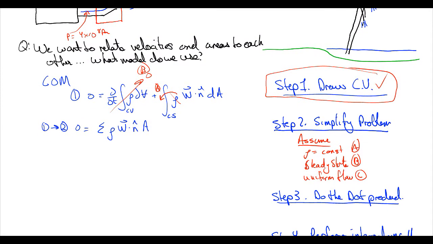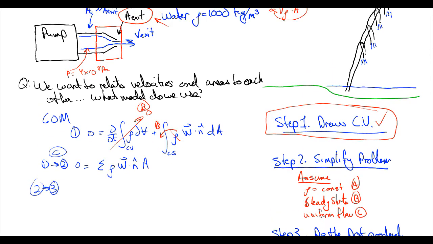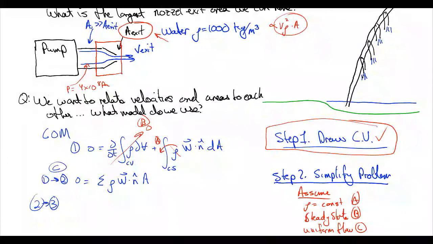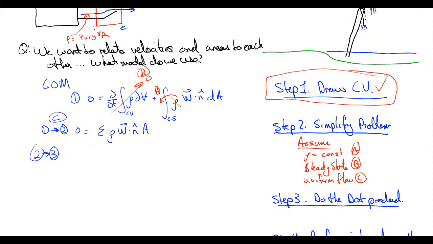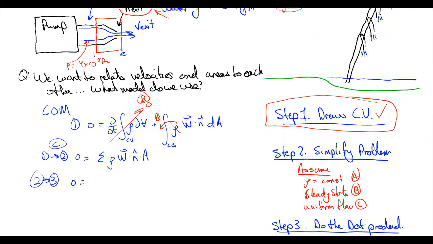So, and that's C that allows us to do this. C. So 2 to 3, we're going to call this 1 and exit, that'll work. Then we're going to say that 0 is equal to, so we have fluid entering our control volume.